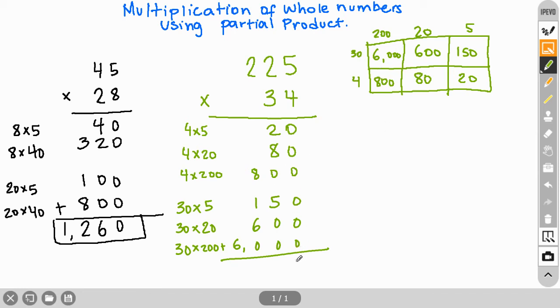So all zeros add is 0. 8 plus 2 is 10, plus 5 is 15. Carry 1. 8 plus this one and this one, 8 plus 2, I know is 10. 10 plus 6 is 16. 6 plus 1 equals 7. So it's 7,650. So if I were to add all this, obviously I would get the same answer.